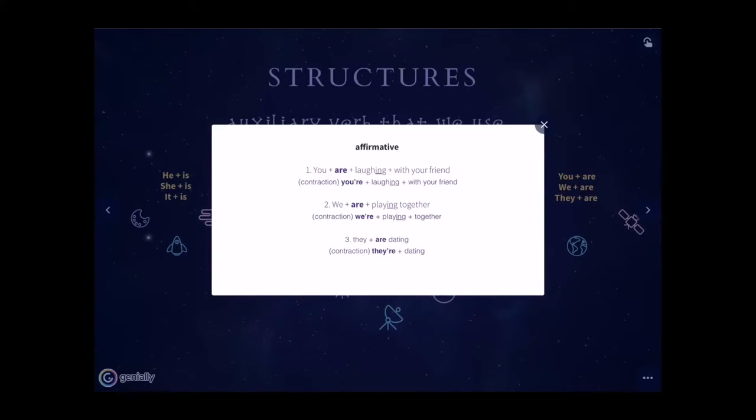We can also contract the subject and the verb be, and it looks like with you is you're, with we and are, we're, and with they and are, they're. And then we again add the verb with ing and complement.